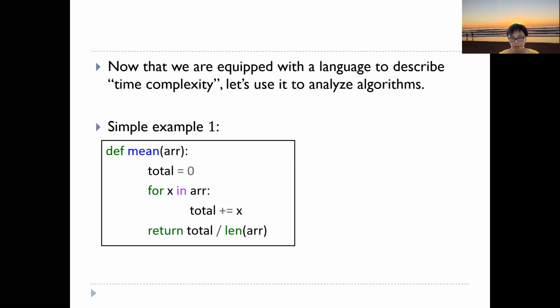It's easy to see this code is computing, given an array of certain numbers, we start with total initialized to 0. We go through all the elements in the array and sum them up, and in the end, we return the average of it. In other words, we're returning the mean of a set of numbers stored in the array.